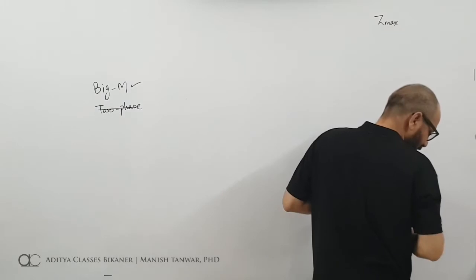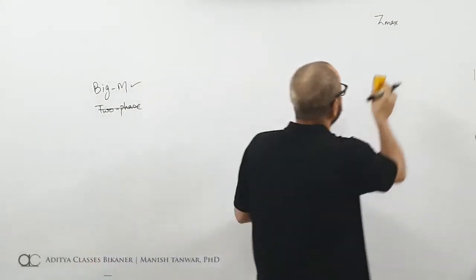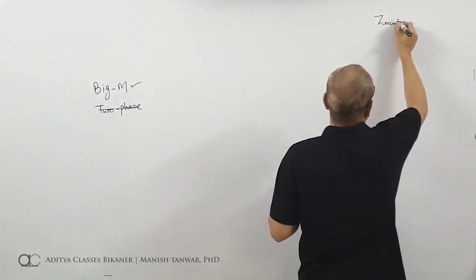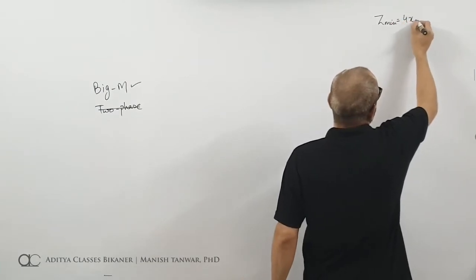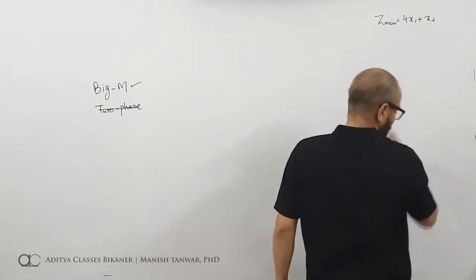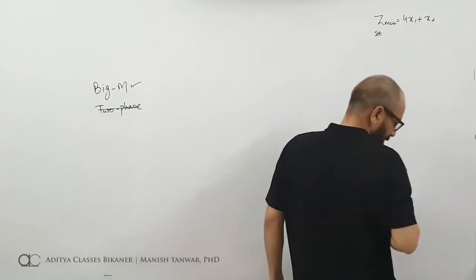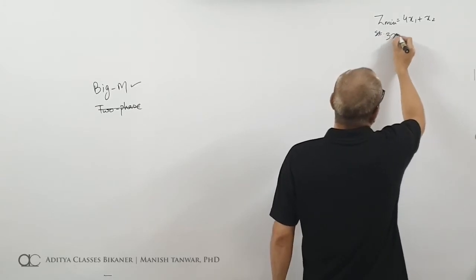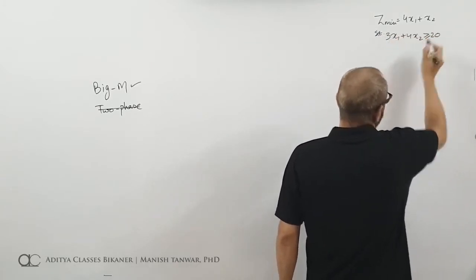We're taking it as Z minimization. Z minimize is equal to 4x1 plus x2, subject to certain constraints. Those constraints are 3x1 plus 4x2 is greater than equal to 20.